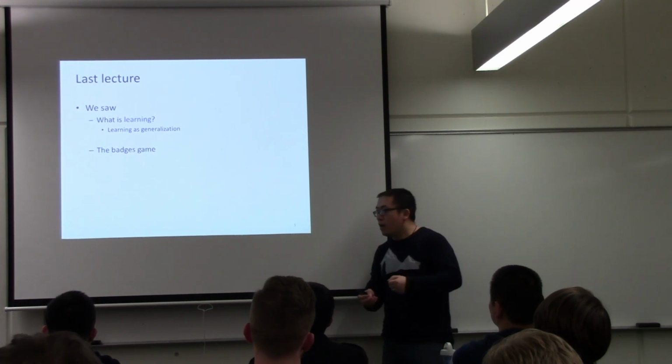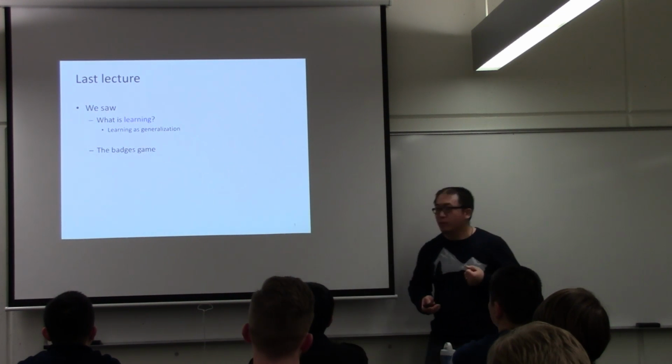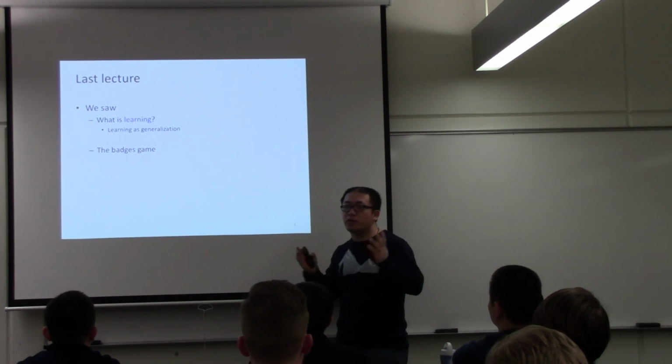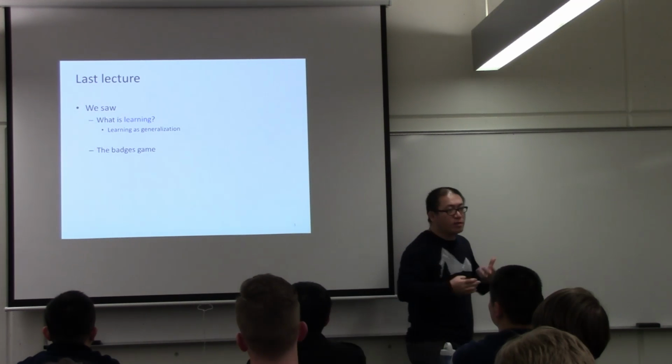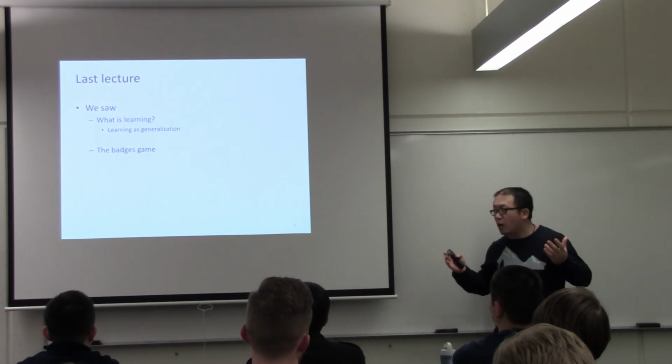For example, as I mentioned in the last lecture, if you want to obtain the capability to recognize dogs from pictures, we collect a set of training pictures which contain all kinds of dogs.